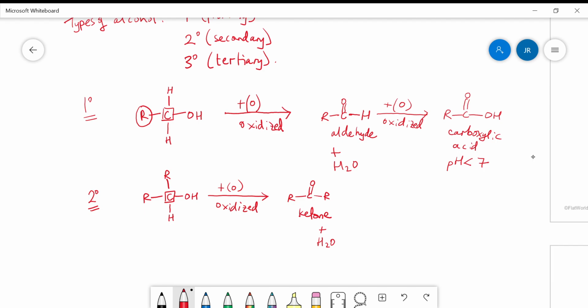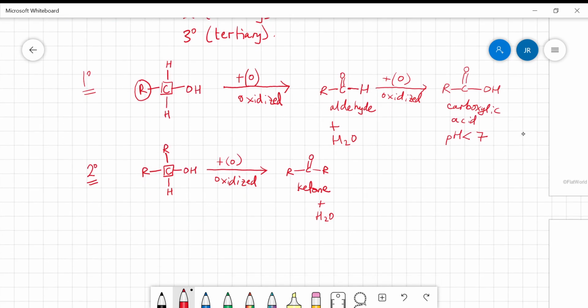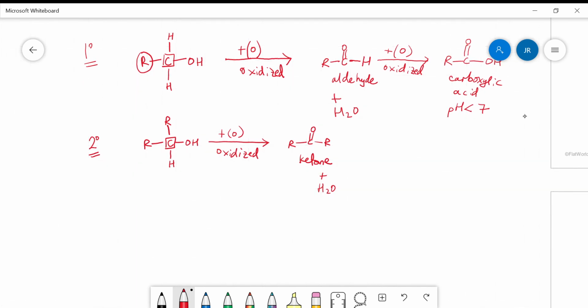Okay, what about tertiary alcohols? In tertiary alcohols, the carbon that contains the OH is bonded to three other carbons. They can be the same, they can be different.